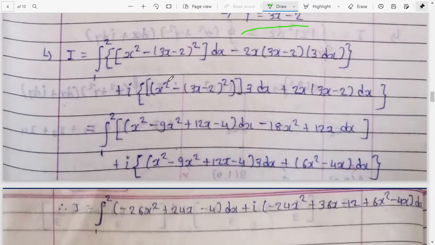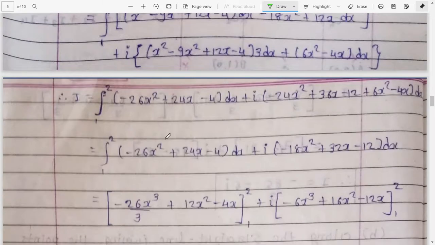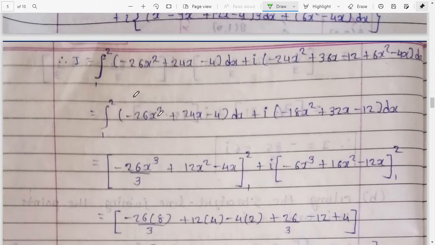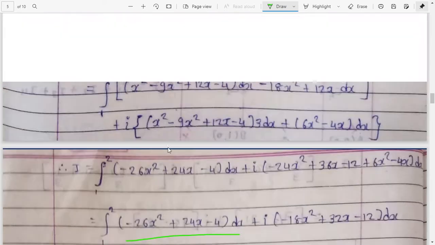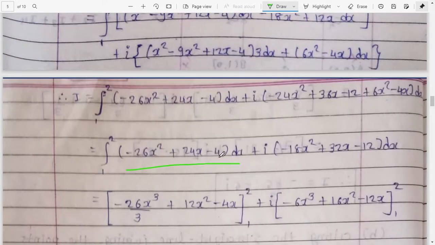Now simplifying this, multiplying, we get (minus 26x² plus 24x minus 4) dx plus iota (minus 18x² plus 32x minus 12) dx.